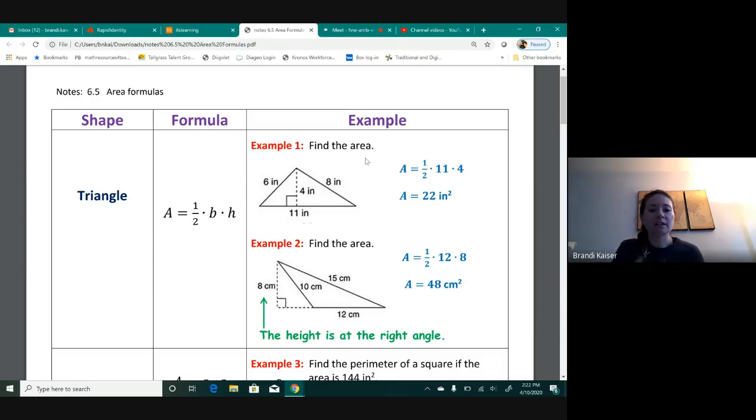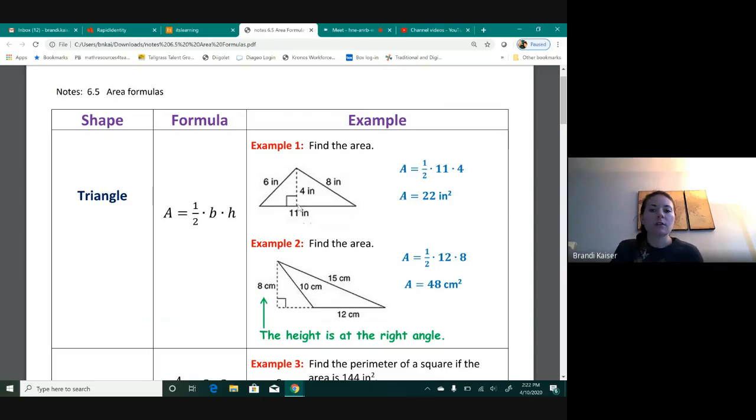So just to take a look at an example here, the main thing whenever you're finding the area of a triangle, you have to understand what side is the base and what's the height. So one major thing to always look for, height should always be perpendicular to the base. So wherever you see a 90-degree angle formed, those are the two sides or the two units of measurement that you need to use.